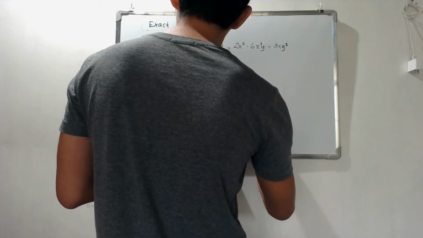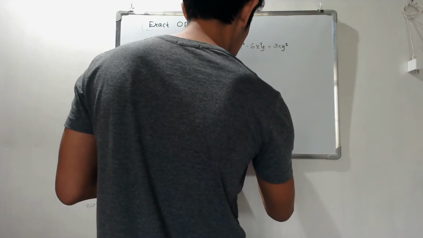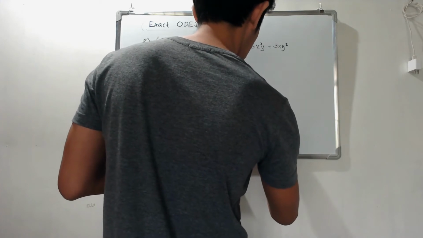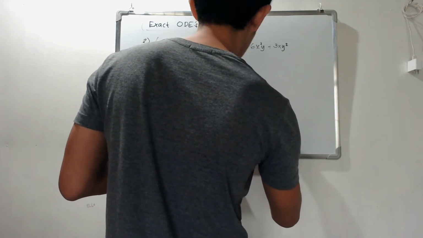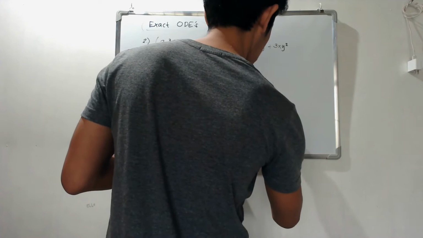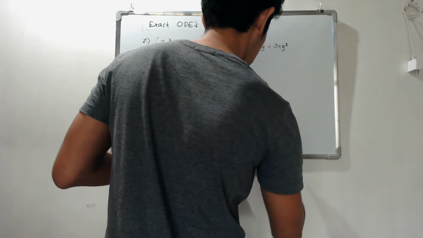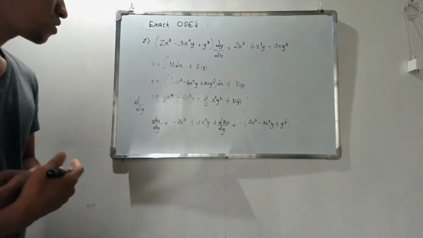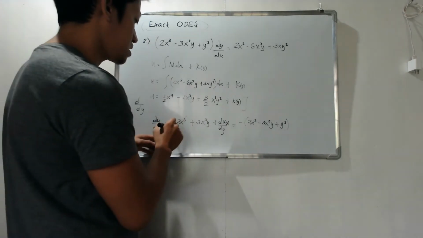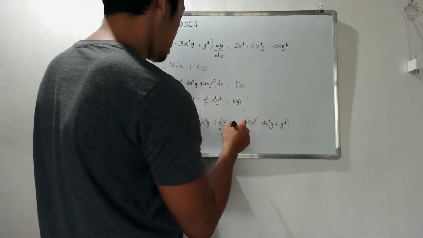Okay, so your n is this, minus y cubed. So the terms cancel out.